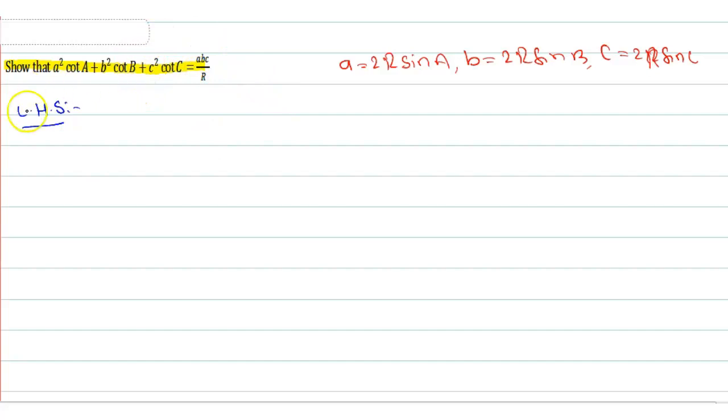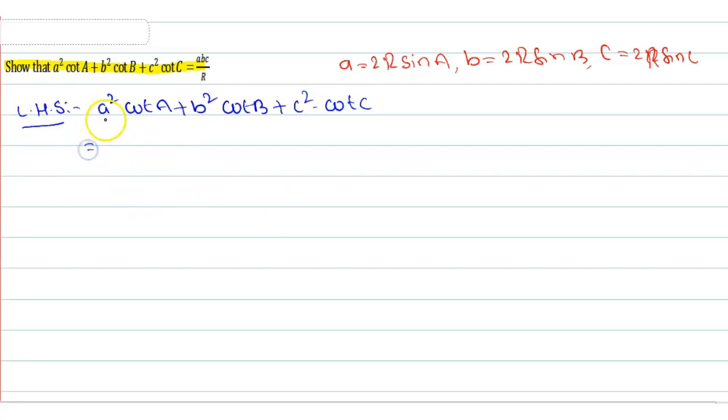So the LHS part I am writing as a² cot A + b² cot B + c² cot C. Cot can be written as cos by sin.